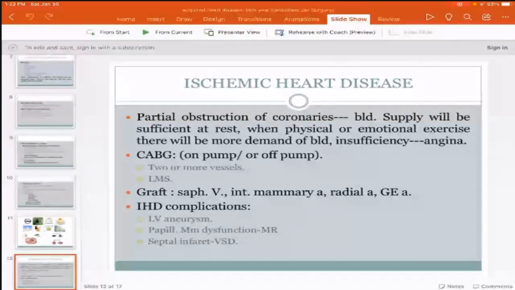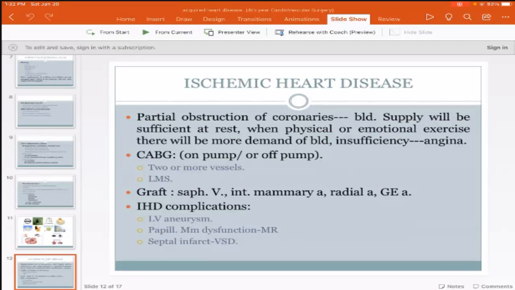Second, when we have a papillary muscle rupture leading to mitral regurgitation, or maybe leading to a left ventricular pseudoaneurysm, or we have a free wall rupture, or we have a life-threatening ventricular arrhythmia. Six, when we have a cardiogenic shock.